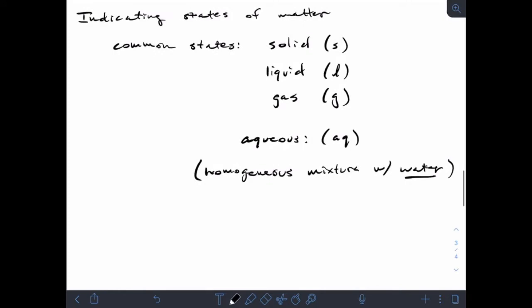For example, salt water would be denoted in a chemical equation as sodium chloride AQ, meaning that we have sodium chloride in a homogeneous mixture with water.